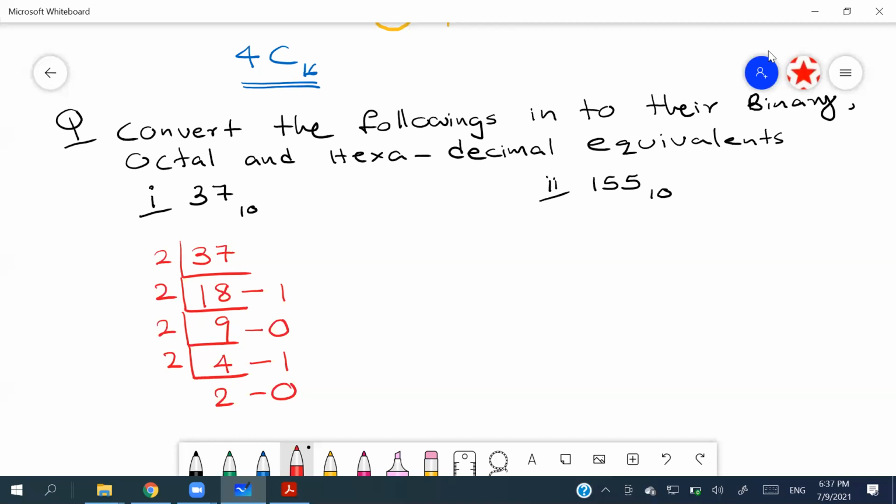Right, and Dilni, Ranuja, your conversion is correct. Dilni, I think there is some mistake with the hexadecimal conversion. Methul, yeah, that's the correct one though. That's the correct one.